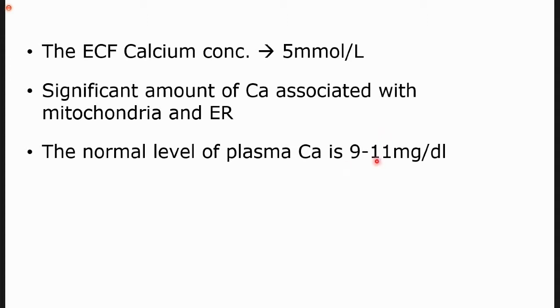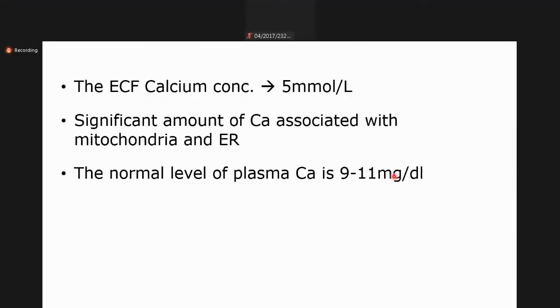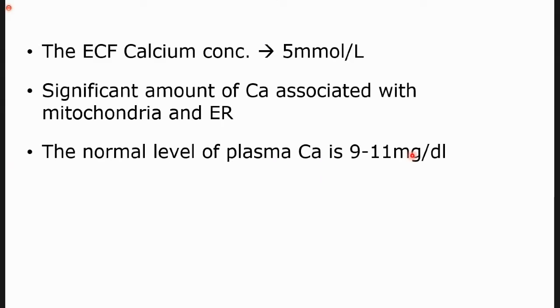If it goes below 9, this means that we are having hypocalcemia, and if someone has a plasma calcium concentration greater than 11, they have hypercalcemia. Both are related to clinical manifestations. So that's an important reference range which you need to remember: the normal level of plasma calcium is 9 to 11 milligrams per dl.